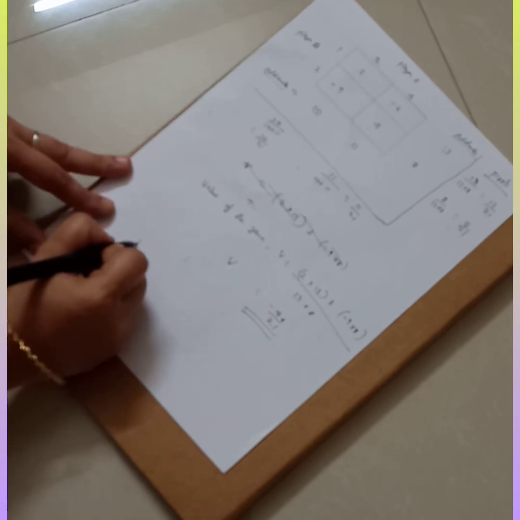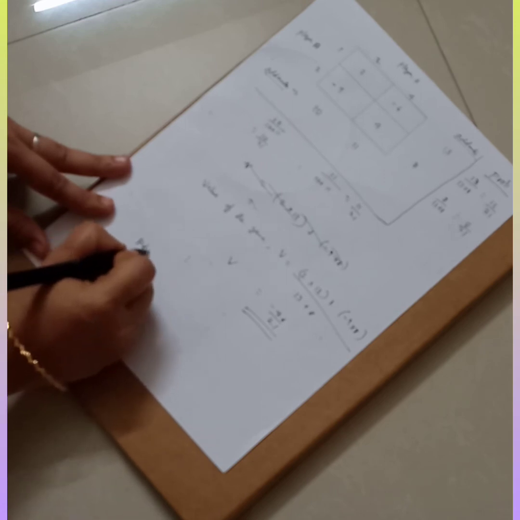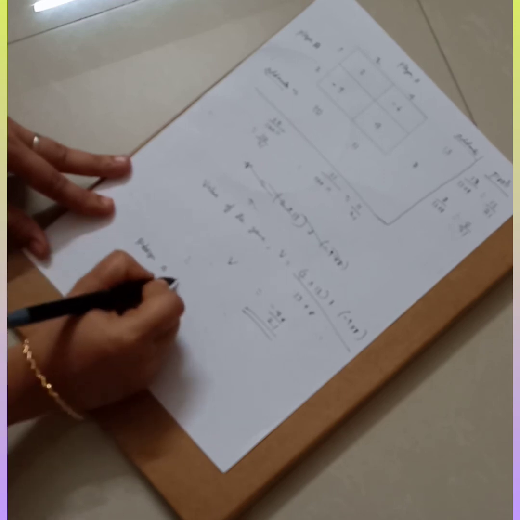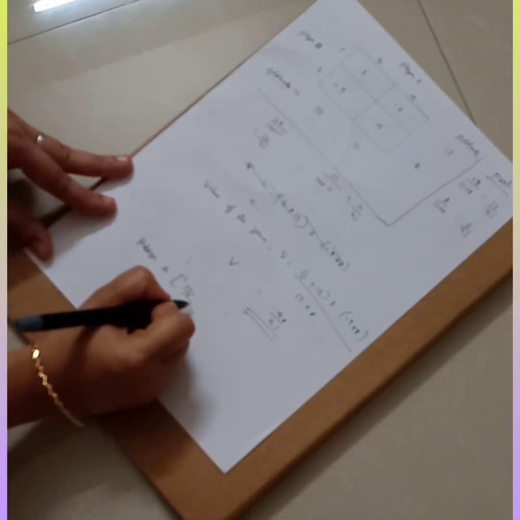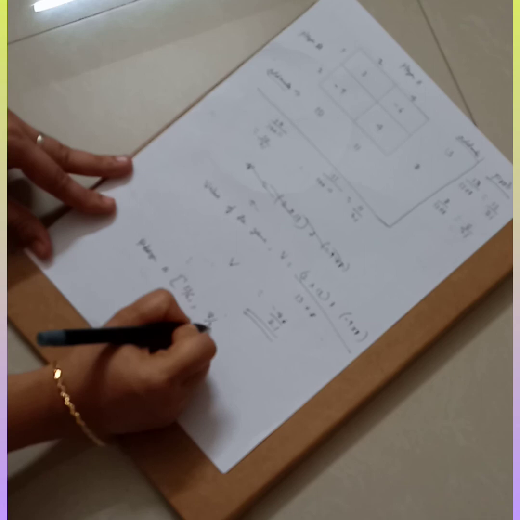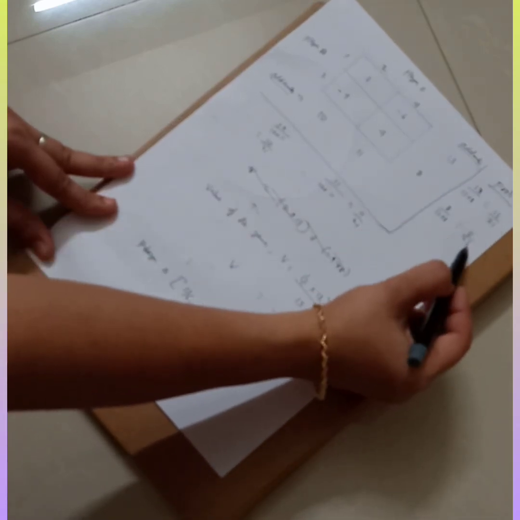Then you have the probabilities of different strategies of player A and player B. For player A the probabilities are 13 by 21 and 8 by 21.